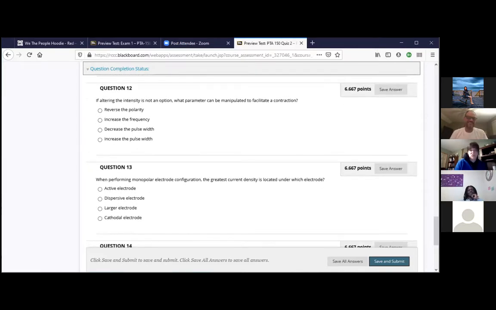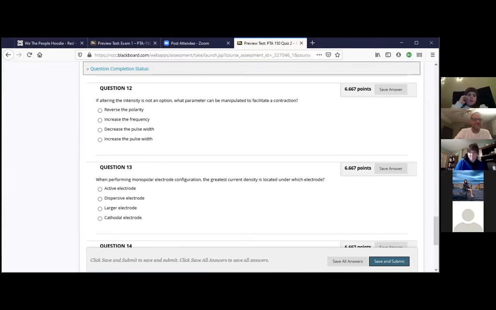All right, 12. This is also one we've seen several times. Probably see it again. Pulse width? Increase the pulse width. I would say the last one. Yeah, increase that pulse width.